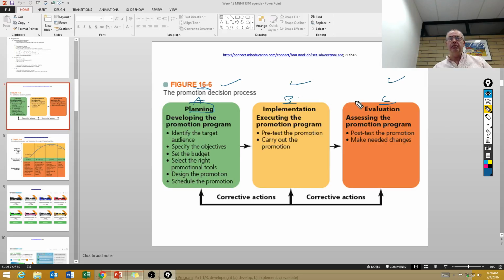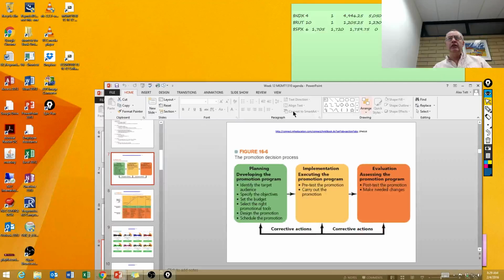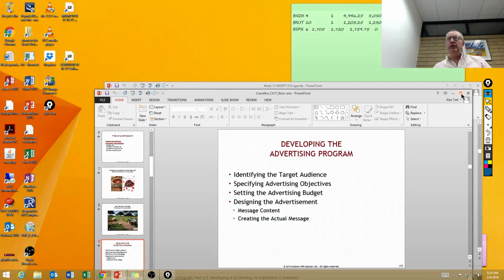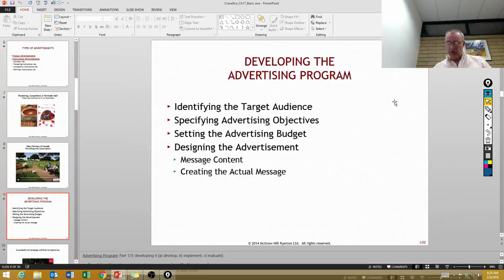And most of it actually deals with planning, but that's how chapter 17 is laid out for the most part. Okay, so let's go back. Okay, so in our planning phase, step 1 of 3 is planning the ad program, or designing the ad program, whatever you want to call it.